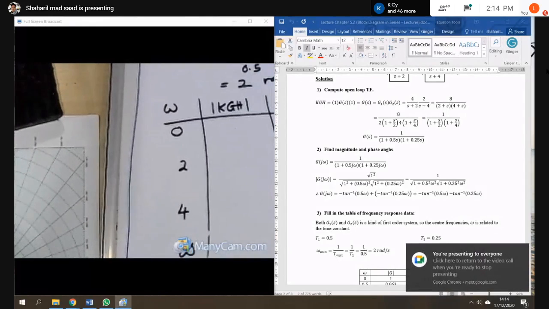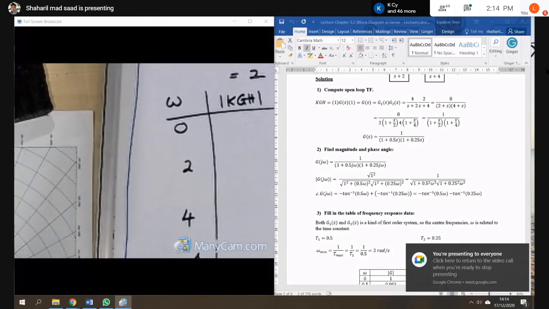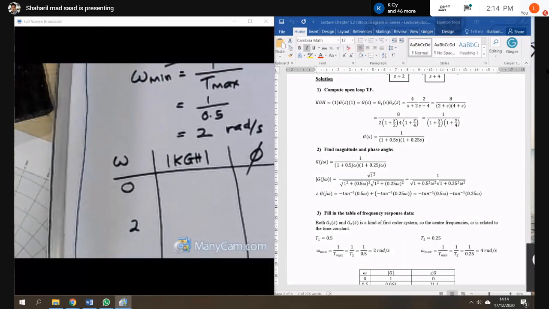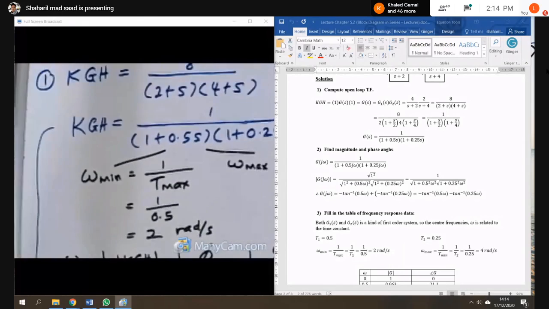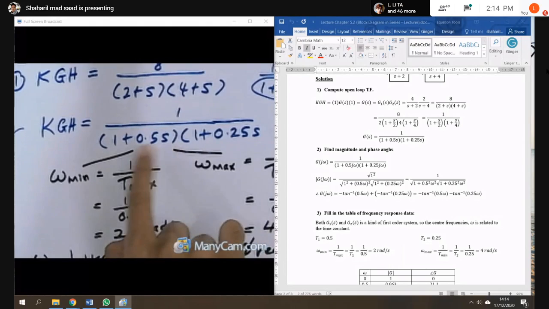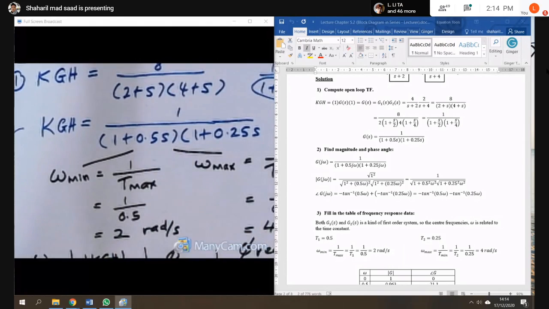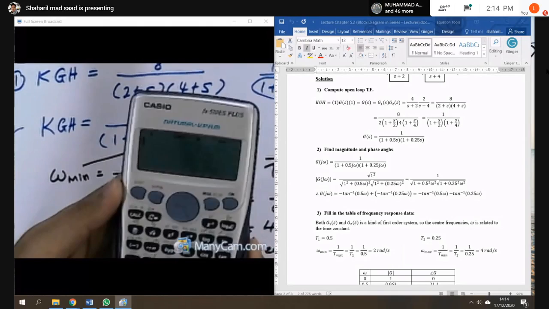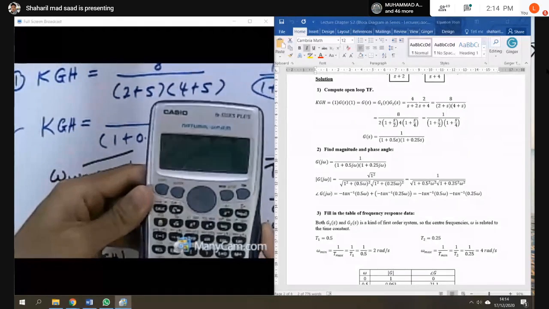So now I'm going to show how we can use the calculator. First of all, we're going to develop this one. So this is your calculator.